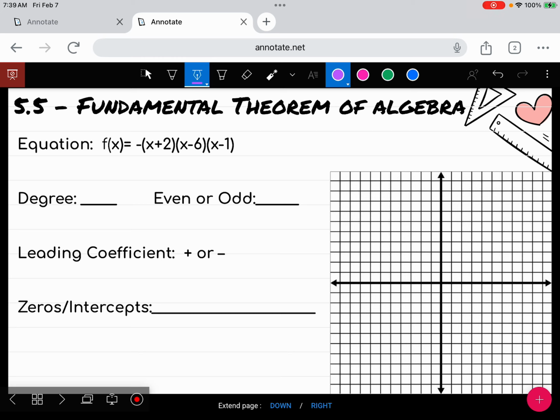All right. So looking at this polynomial here, I've got one up here for us. It's in factored form. What's our degree? How could we find out the degree on something like this?